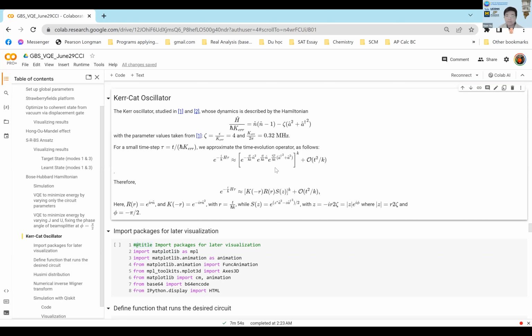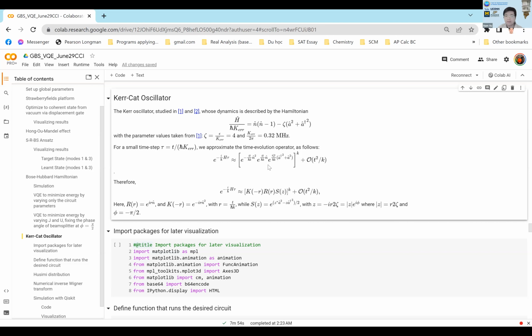And from smaller terms like this, we can find appropriate continuous variable gates that are implementable on Strawberry Fields so that we can run the circuit. So as you can see, the first term over here corresponds to a Kerr gate with parameter R, where R is given as depending on the coefficients that appear here.